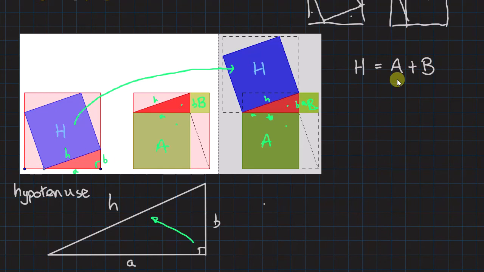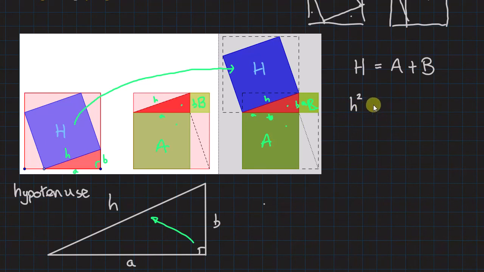So now I'm going to move on and think, okay, what else can I do with this? So we've got the area of the square H. Well, how can I calculate that square H? Well, the square H is the little h times itself, h squared.